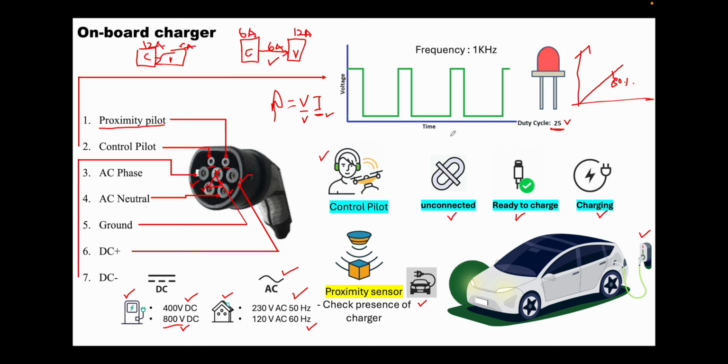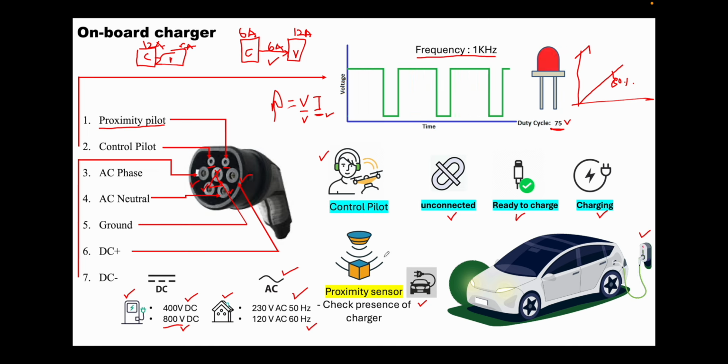So it helps in communicating and controlling the current flowing through the electric vehicle while the charging process is going on. And this communication happens at around 1 kilohertz of frequency, so that both the charger and the electric vehicle get the communication on time and can control the charging process.